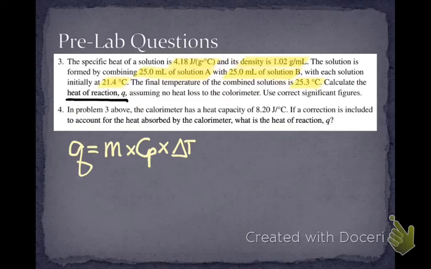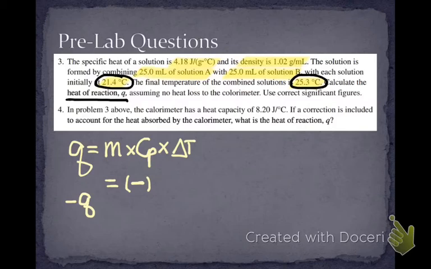So when we calculate Q, it's actually going to be a negative value for Q. So when you solve, this should be negative for your answer. Now, you can calculate delta T because you're given that information up here.